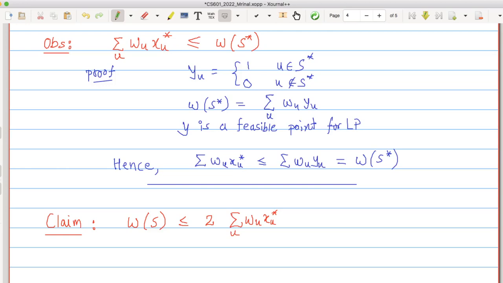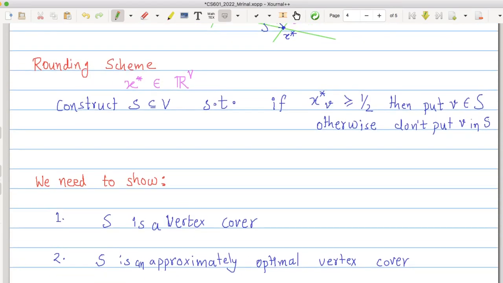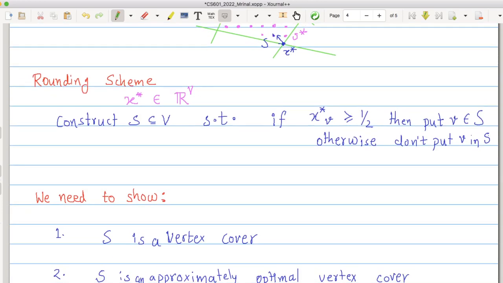So how are we going to prove this? For that, let's go back to our rounding scheme. What did we do? Whenever the coordinate x_v star was at least half, we put the vertex in S. That means we are adding the whole weight of that vertex to our set S. But in the LP solution, it was maybe contributing only half, while in our set S it is now going to contribute in full.